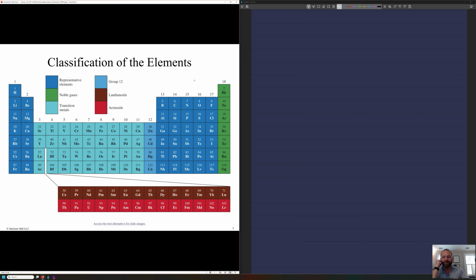We'll go into the different groups and their properties, but the transition metals are very interesting, extremely useful. For instance, their oxidation states can vary a good deal. Most of them have variable oxidation states, and that makes them good for catalysis.